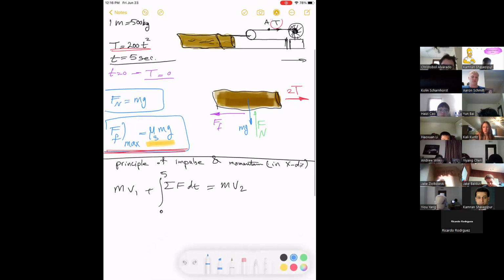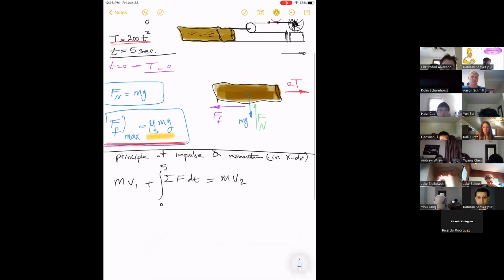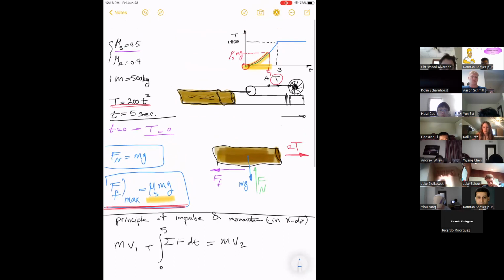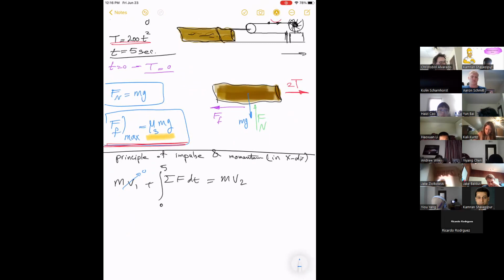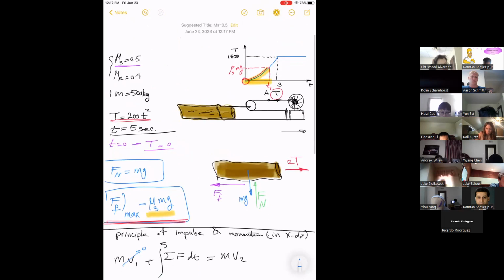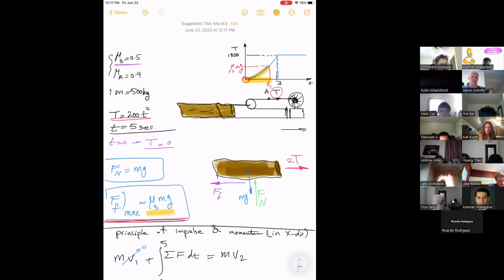How much is the initial velocity? The log is stationary, so this is 0. Let's get rid of this for now. I'm going to integrate from 0 to t1 the summation of forces dt, plus from t1 to 5 seconds, but remember, up to 3 seconds we have one equation. After 3 seconds, we have another equation, right? Look here for a second, guys.